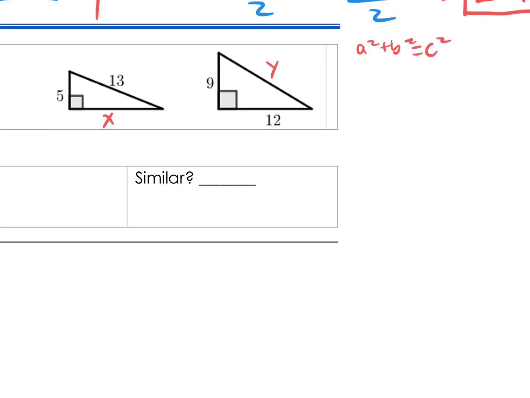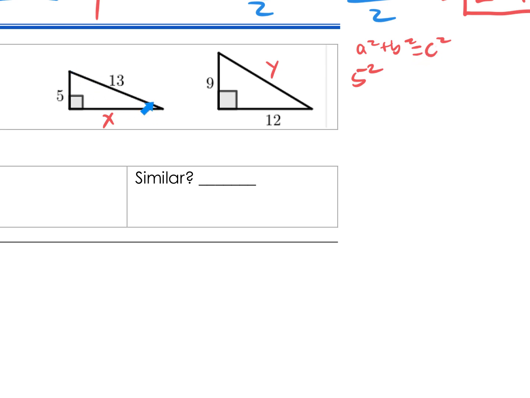It's a good idea to always start with an equation that looks like that formula when you're working with right triangles and finding missing sides. Because if you start somewhere else, you're starting somewhere that's not commonly accepted. So start with the equation. Use your algebra. We have 5 squared. Now, notice this. The c is the hypotenuse.